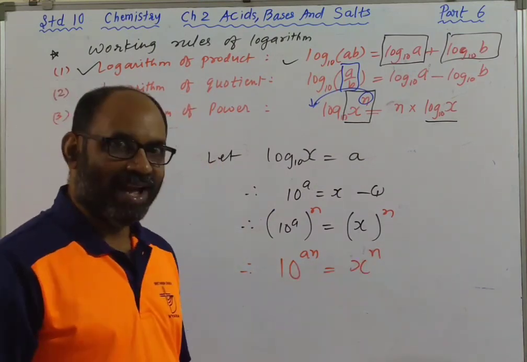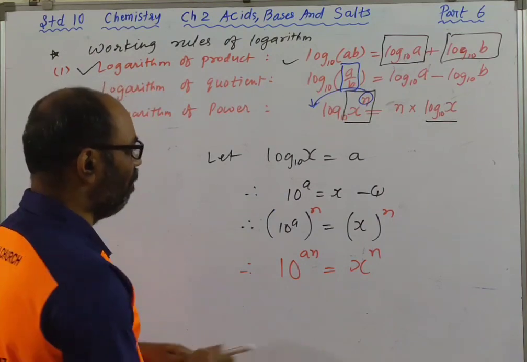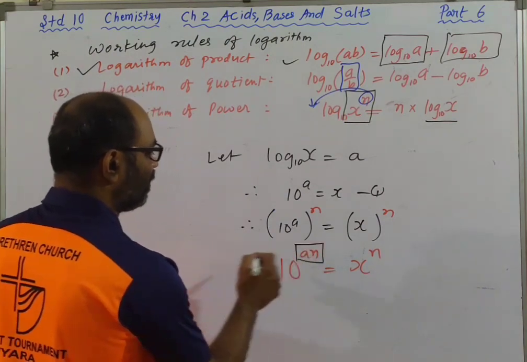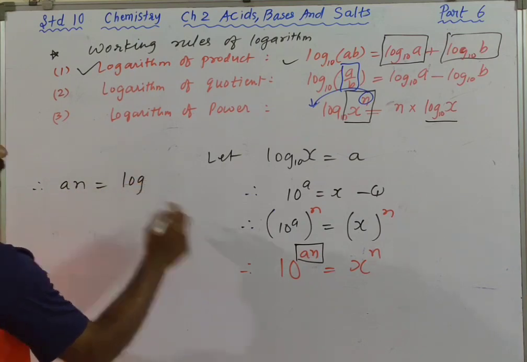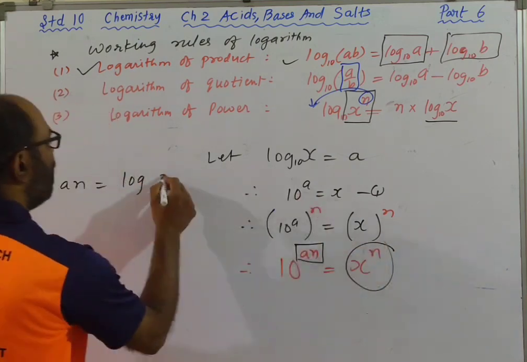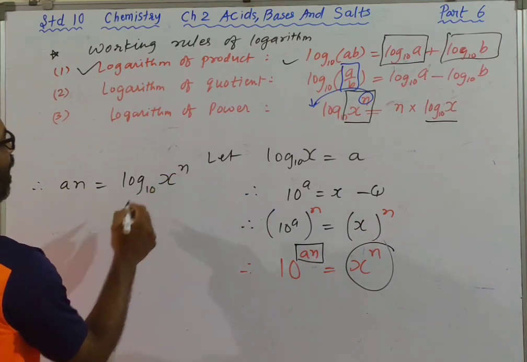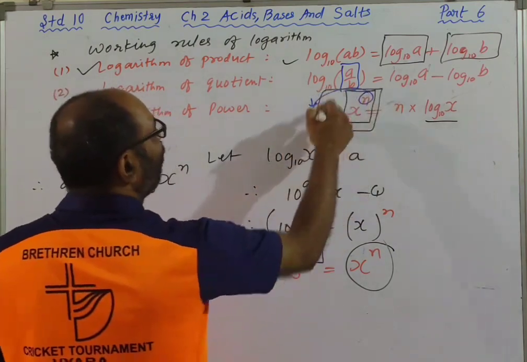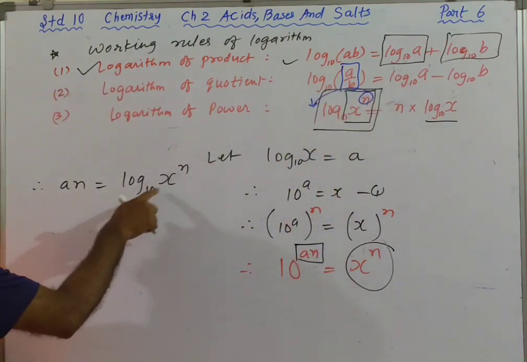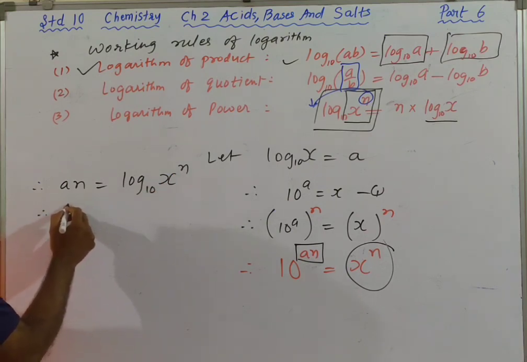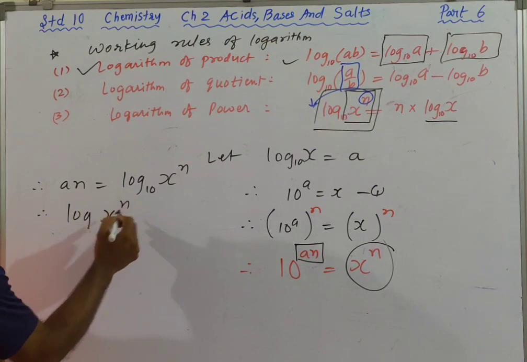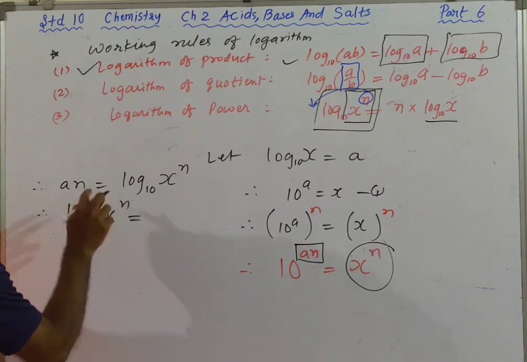Now both sides have powers. Convert into logarithmic form. I want to take this index. Therefore, a into n is equal to logarithm of this value x raised to n to the base 10. Got it? Logarithm of x raised to n to the base 10. Therefore log of x raised to n to the base 10 is equal to a into n.